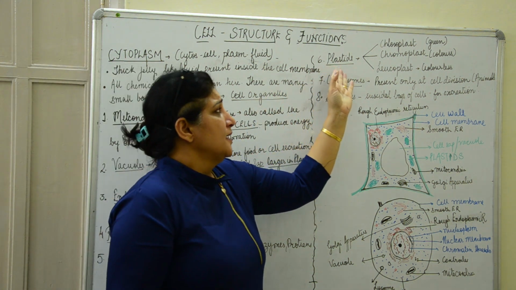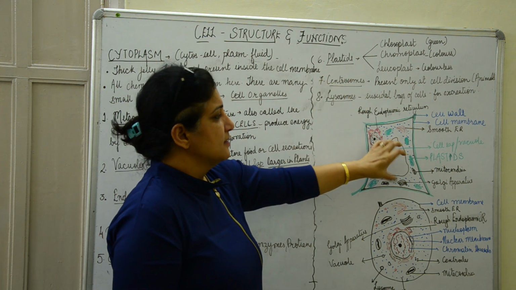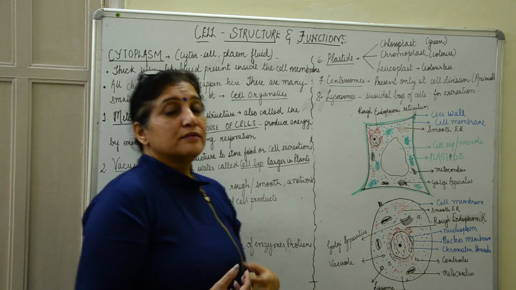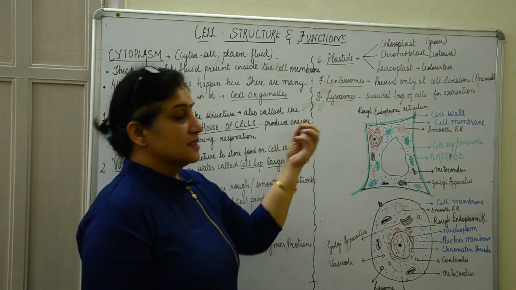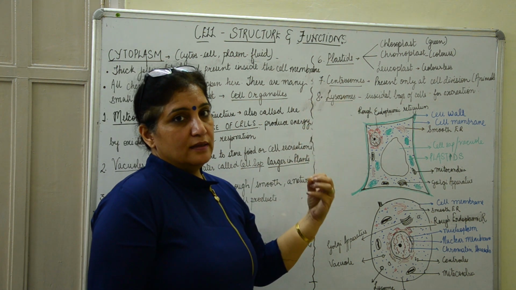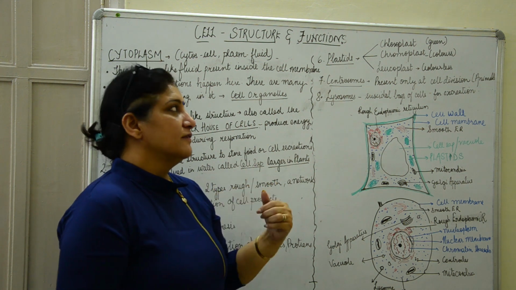Now we come to a very interesting part of the cell, which is only present in plant cells. These are called plastids. Basically there are three different kinds of plastids, which according to the color that they contain, we segregate into three kinds.